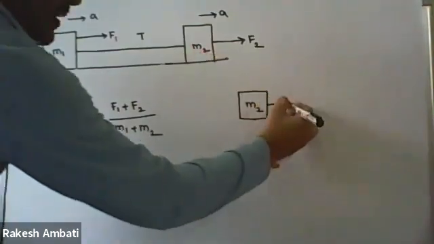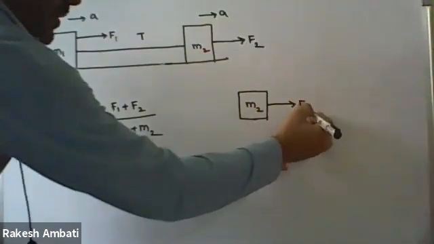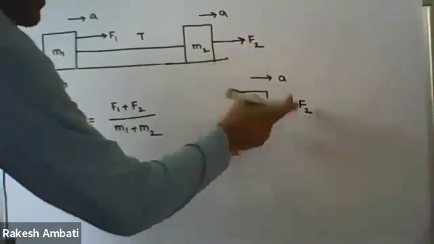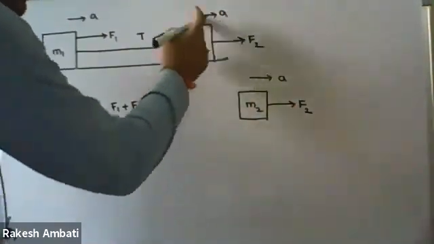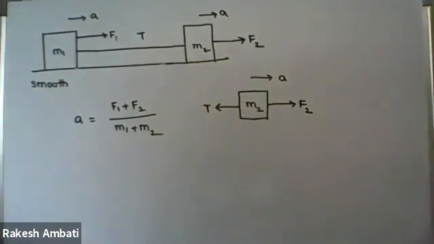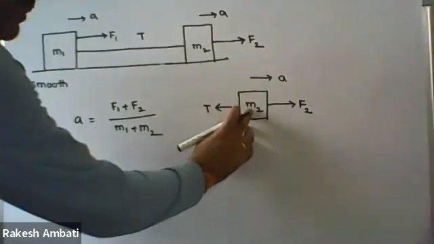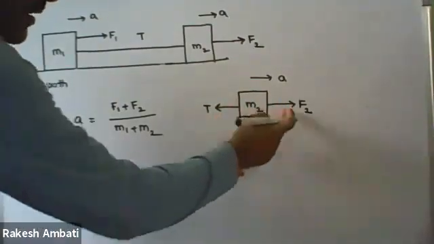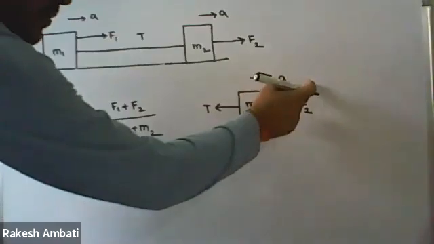On this block, the applied force F2 is in the direction of motion, and the tension force in the string acts in the opposite direction.